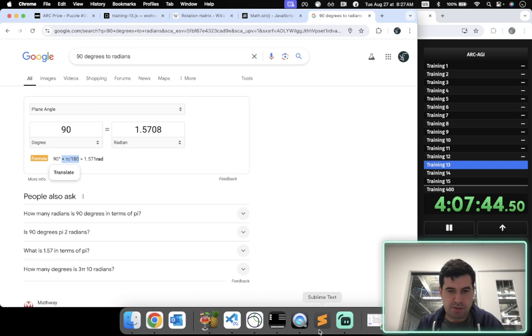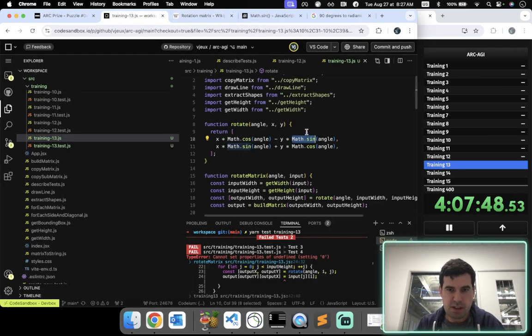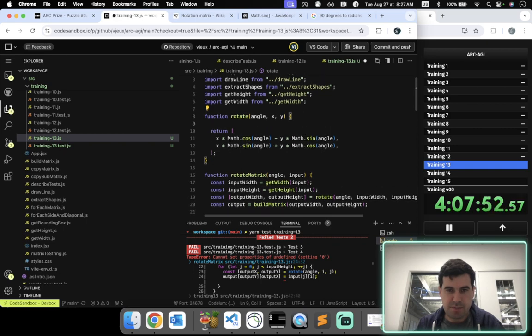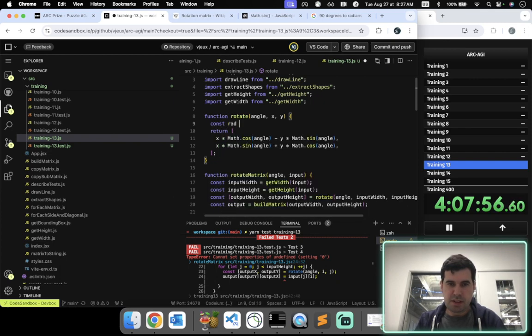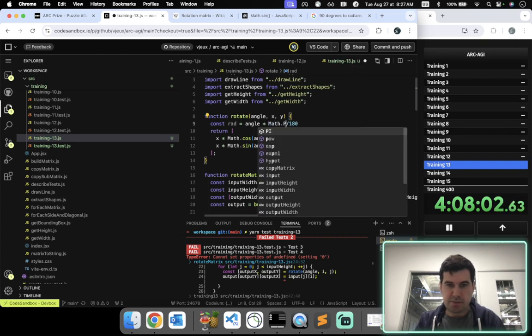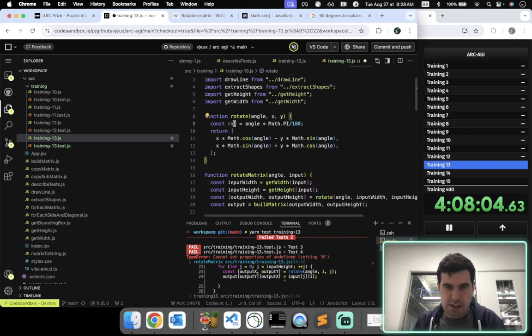So degrees to radians. This is the formula I need to use. Okay, so rad equals angle multiplied by Math.PI divided by 180. Deg angle or rad angle?